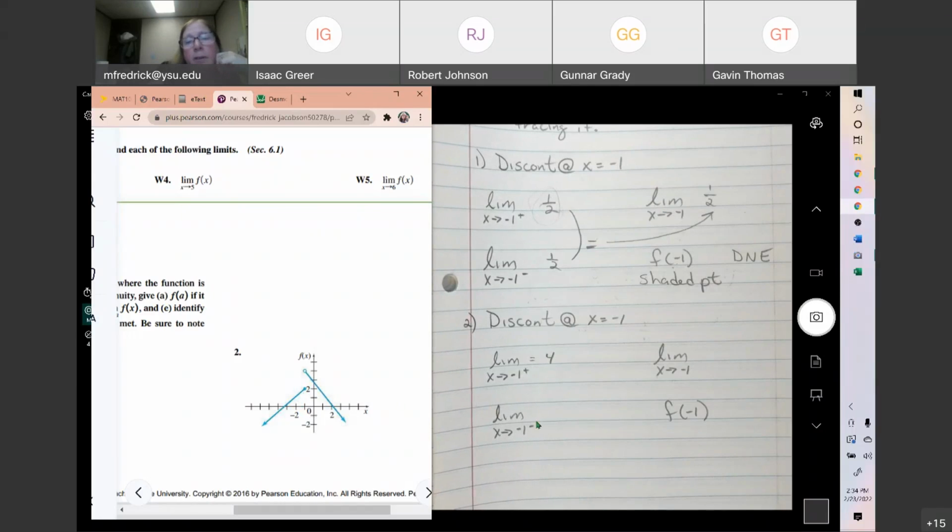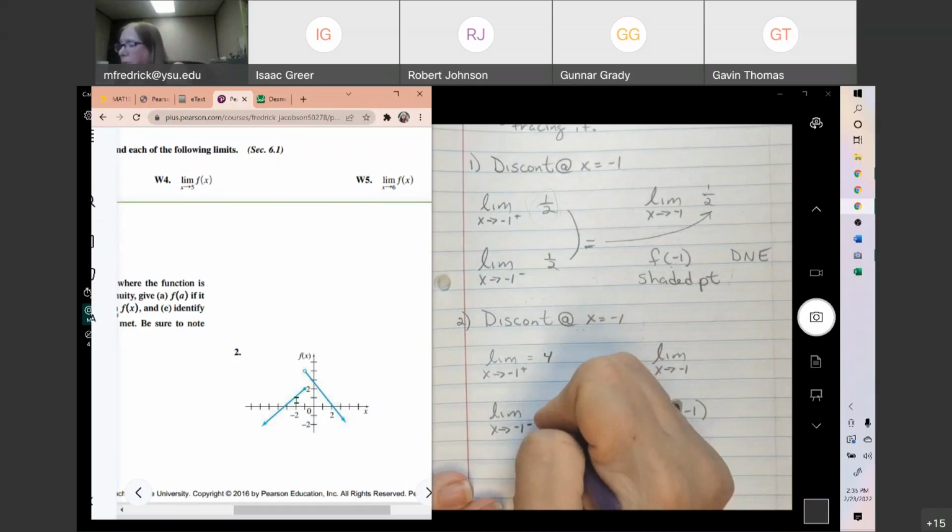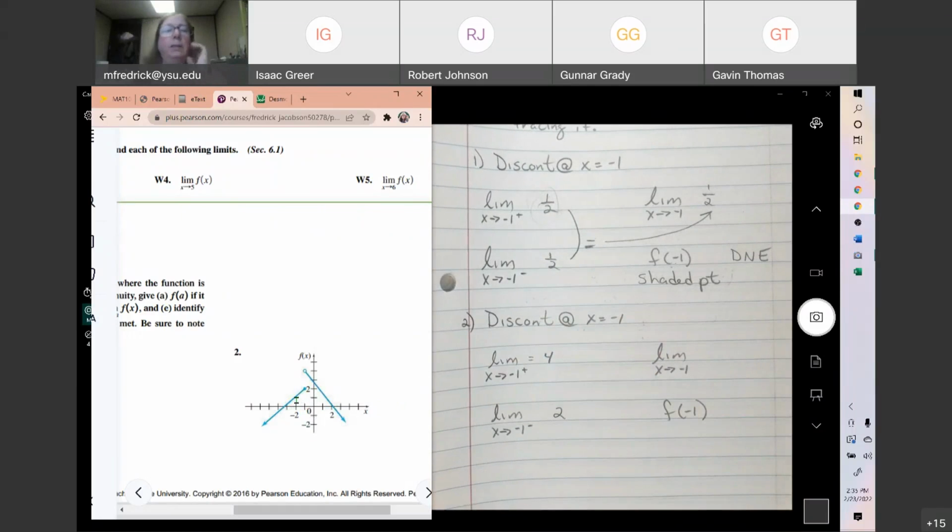So for the left, we go to our -1 and we go a little bit to the left, the graph's over here. And as it's getting closer and closer to the point at -1, the y value is 2. So you're looking at the point at that value.